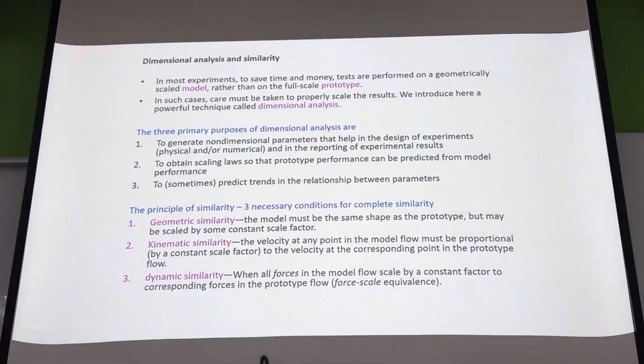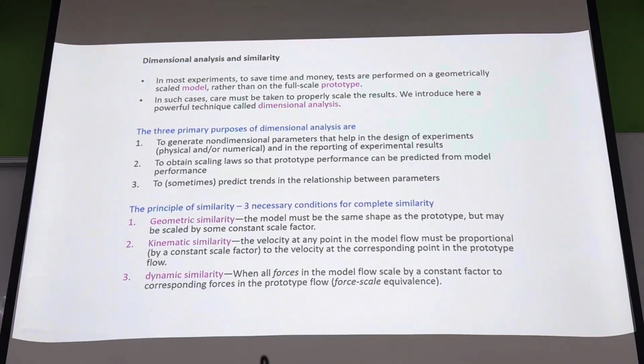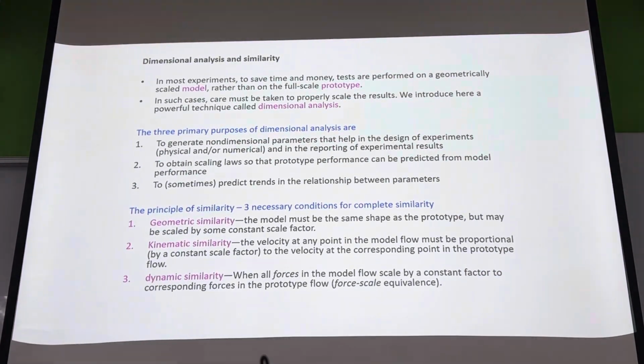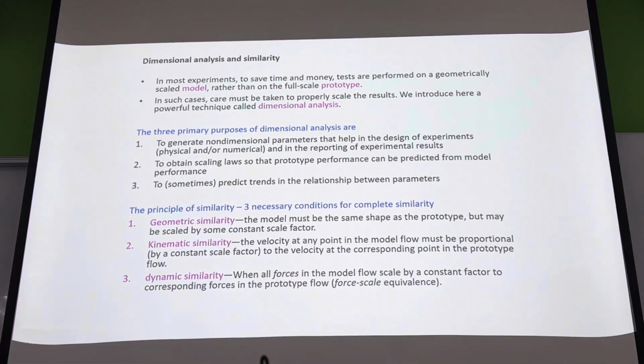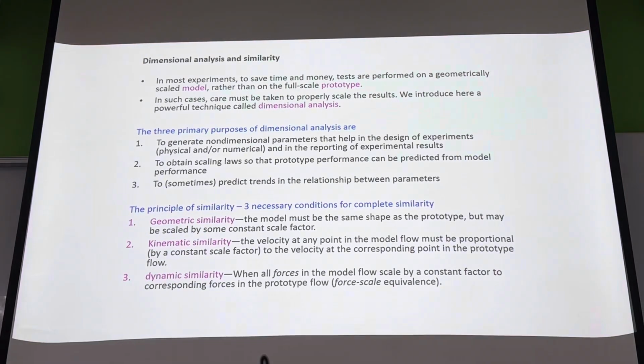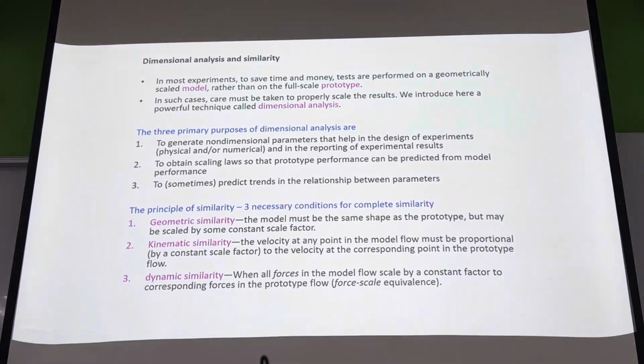I want to go through all this, but I think it's probably best to go through some examples to make sure we can understand it that way. The end outcome of the process is that we end up with a set of dimensionless parameters which will suggest that the systems are dynamically similar.